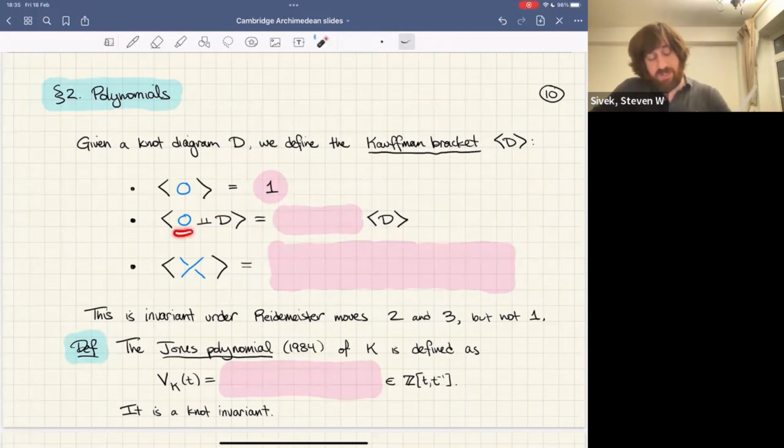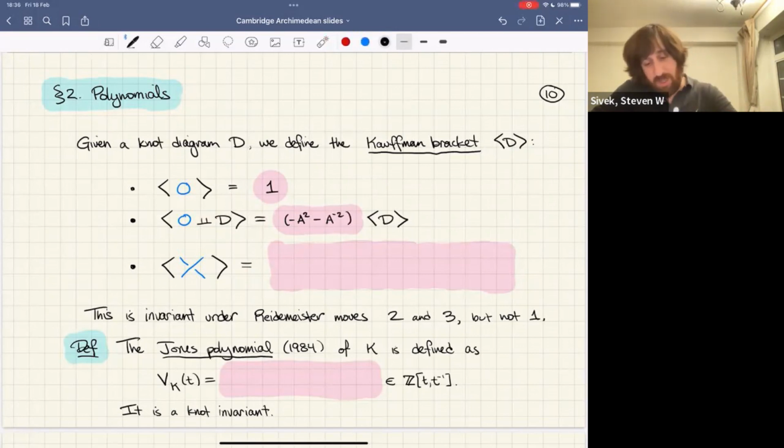If we have an unknotted circle, and then there's some other stuff happening far away from it, and by far away, I mean that whatever is happening here never crosses over the circle in any way. If that's the case, then we're going to remove that unknot and pick up a factor of minus A squared minus A to the negative second power. Okay. When I say polynomials, I mean Laurent polynomials.